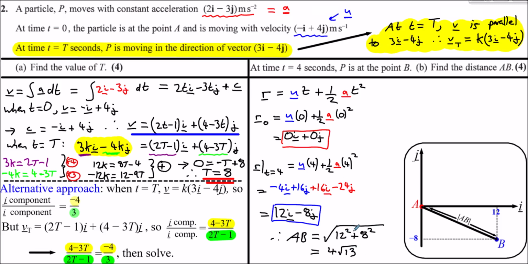I was going to spot here that 8 and 12 are both multiples of 4, so it's not actually a coincidence that we get a 4 on the outside here, but have a bit of an explore about that. Anyway, the exact distance AB is 4 root 13. And of course include the units, so it's 4 root 13 meters. And if you wanted to, you could convert this into a decimal, but exact form is absolutely fine.